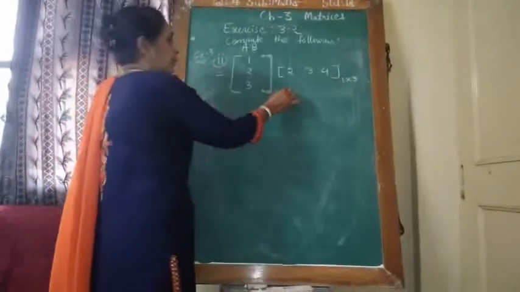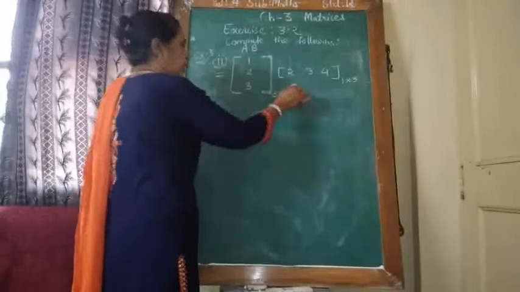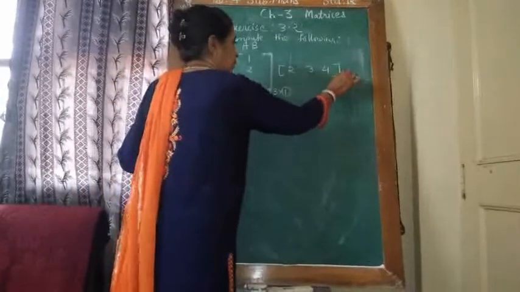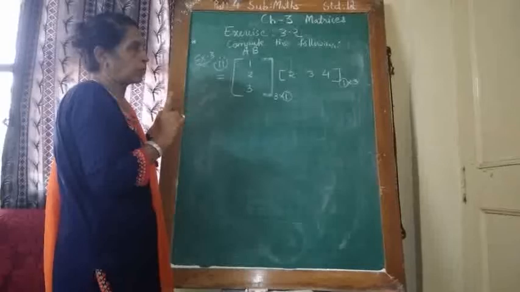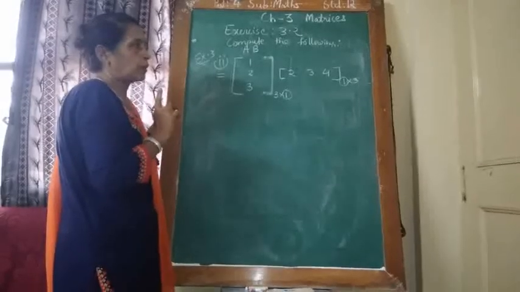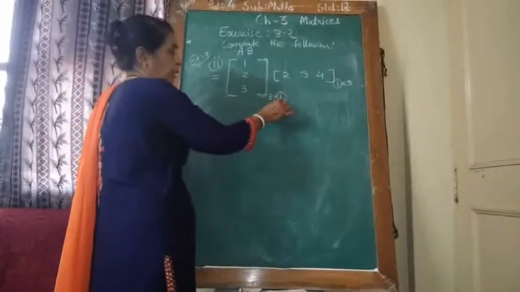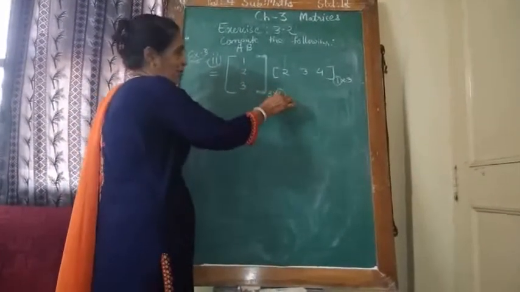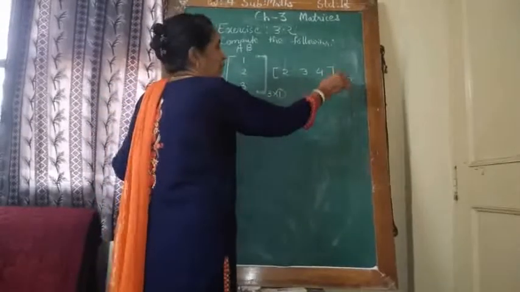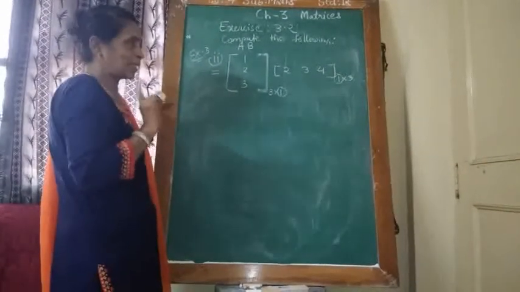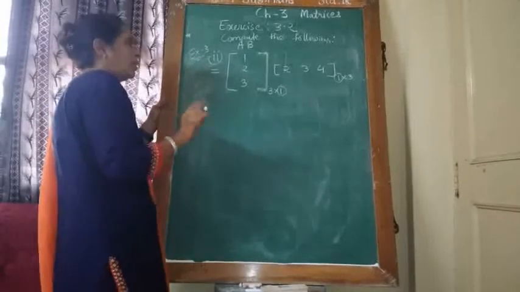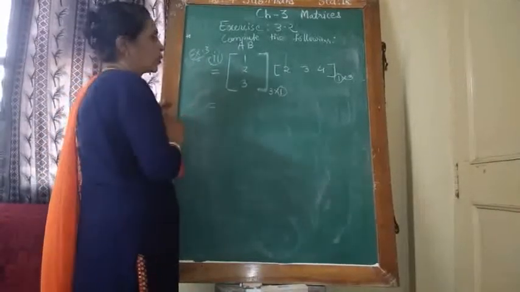I have already said that in a product you have to check that the number of columns of the first matrix must be equal to the number of rows of the second matrix. Here, yes, it is true, so now it is possible to do the product.